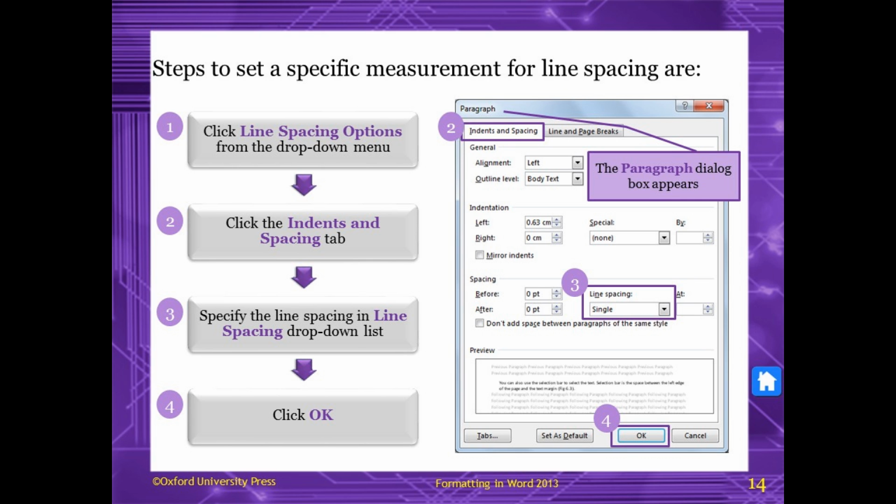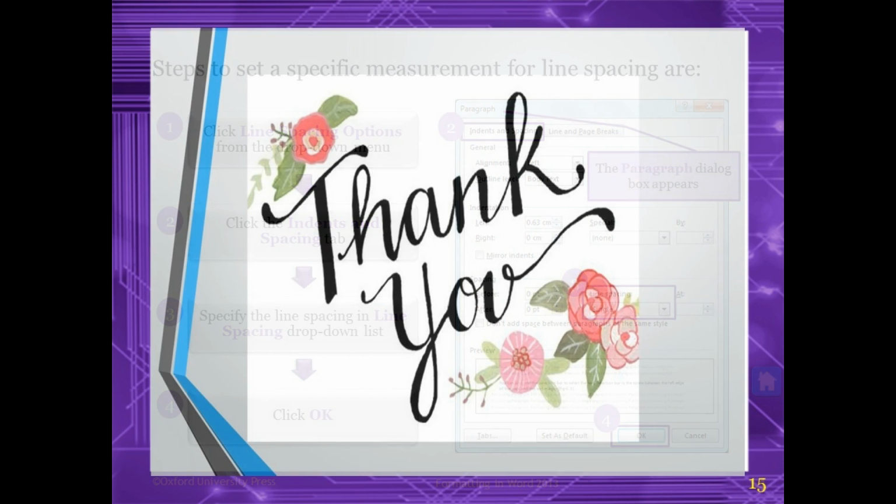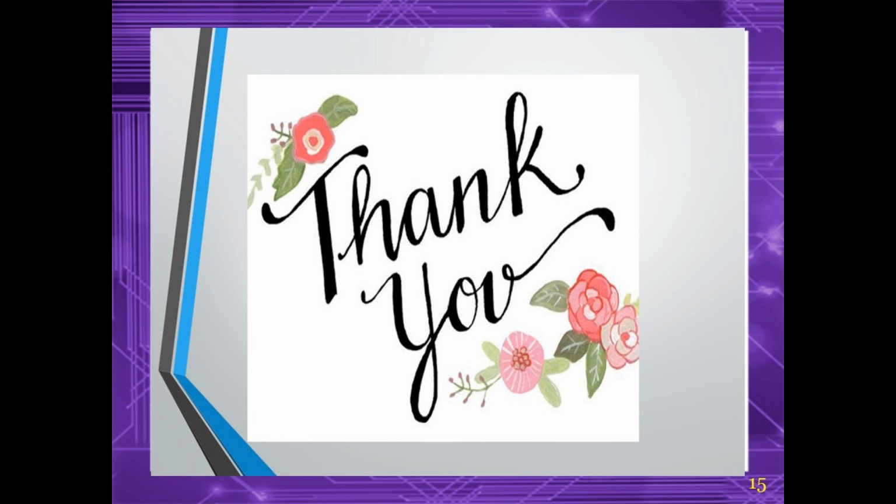Once you click on it, a Paragraph dialog box will appear, and it will give you all the options of line spacing, indentation, alignment, and spacing between lines, all the options which can be applied to a paragraph, available on that one tab, called Paragraph. That Paragraph tab is shown in the picture here on page number 14 of the video.